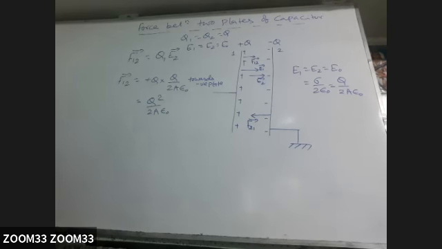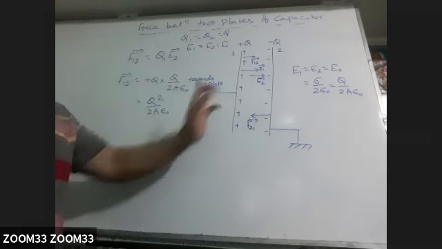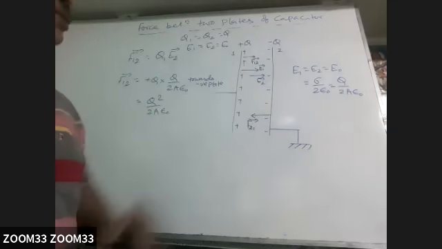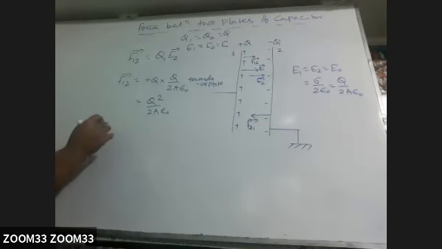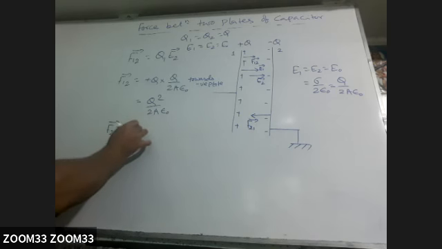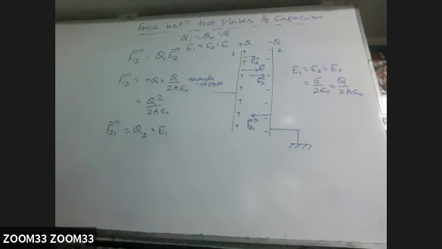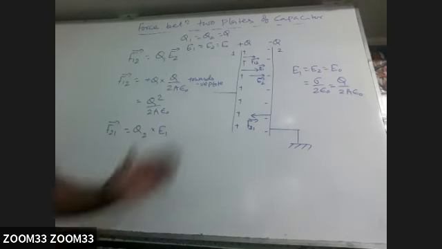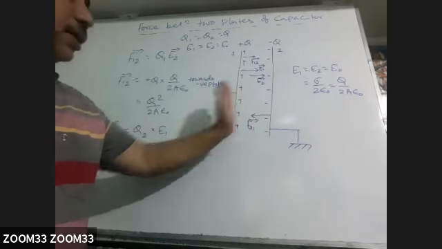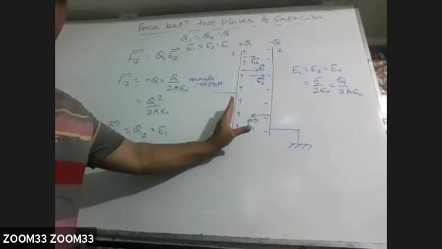This is the force experienced by this plate. Now, similarly, if you find F21, this is charge Q2 into electric field due to E1. Now, for this charge, this will be the source which is producing electric field.